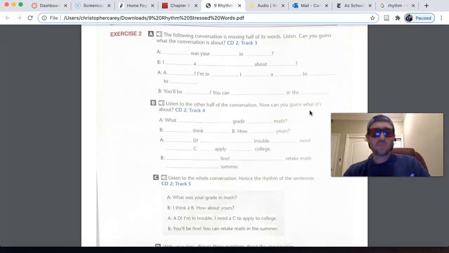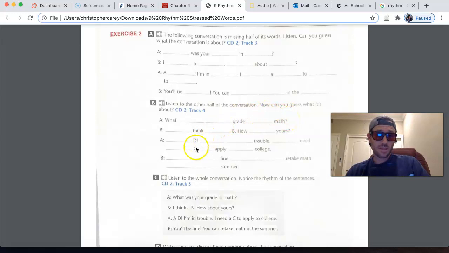Now we have a little bit of a better understanding about what the conversation is about. Looks like this conversation is about school. Now, how do you know this conversation is about school? Grade. Math.